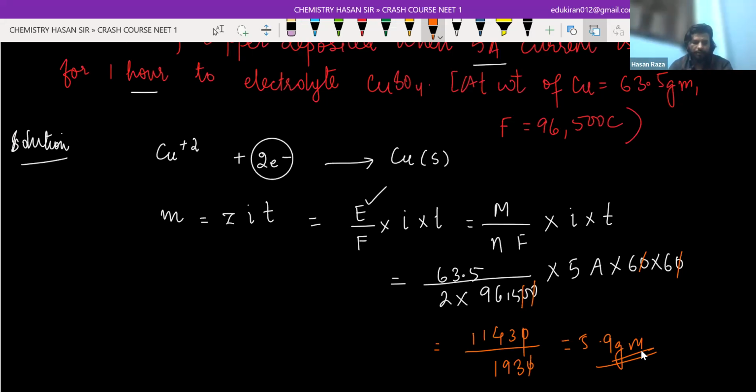Are you done with this? There is an alternative method to solve this.